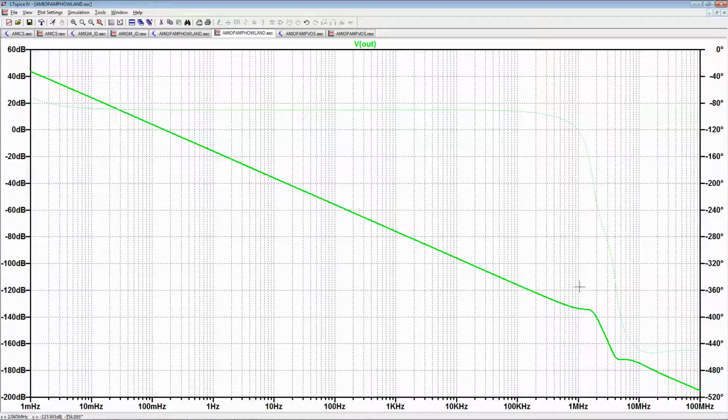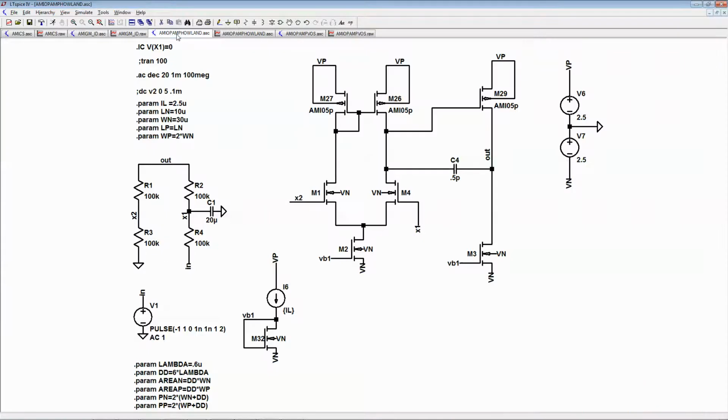That is very, very integrator-like, right? And if you just plot 1 over S, you'll get the same value. So we have a working integrator.